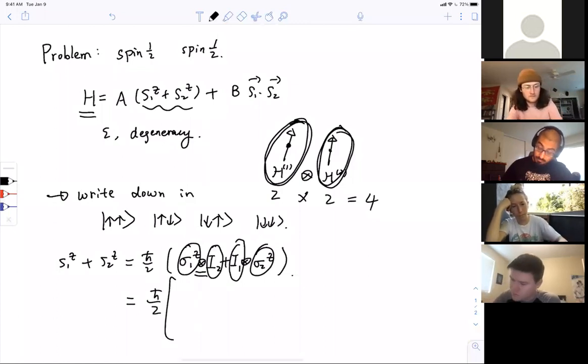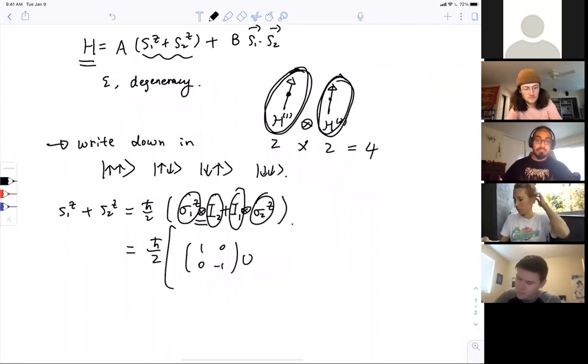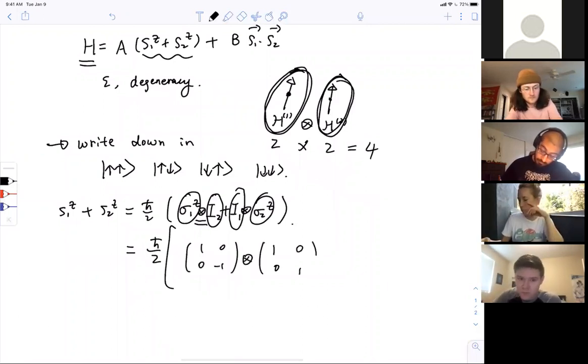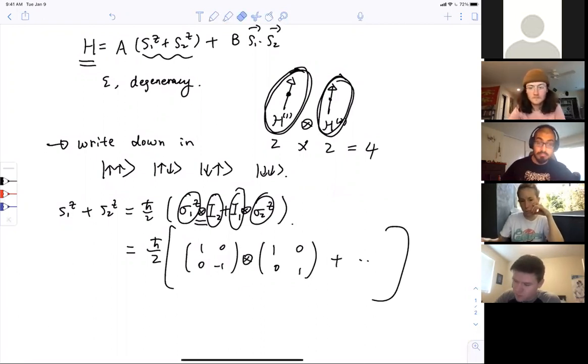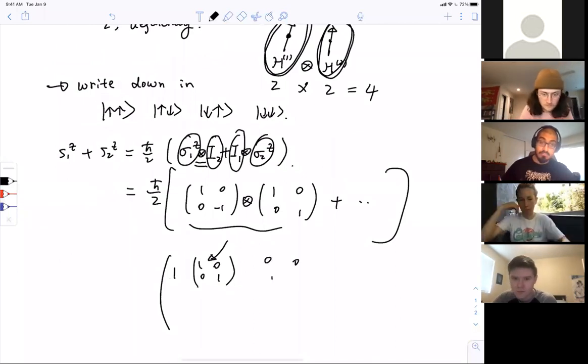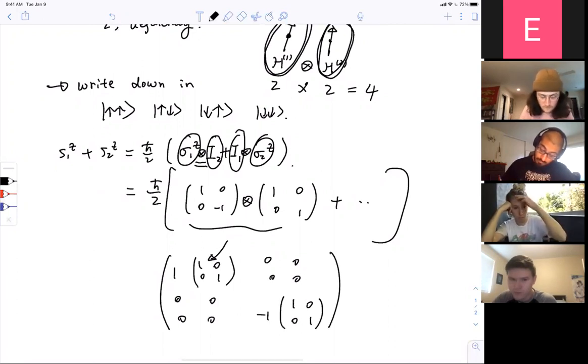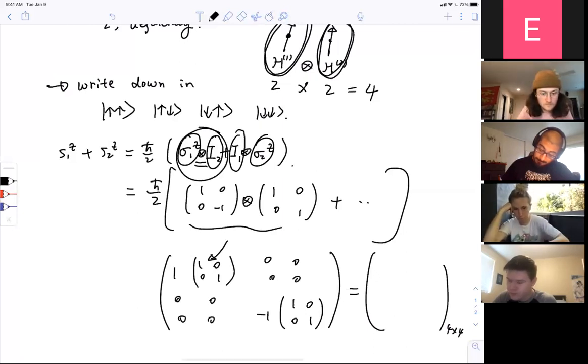So it's like 1, 0, 0, minus 1, tensor product with 1, 0, 0, 1. Similar stuff. This guy is 1, 0, 0, 1 and 0, 0, 0, 0, and the minus 1, 0, 0, 0. And then you get a 4x4 matrix for the first element.